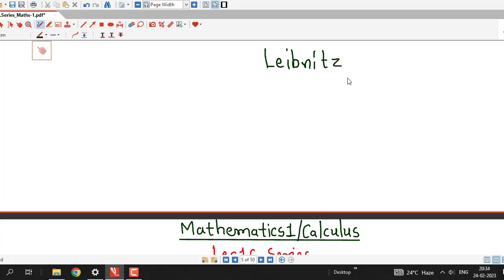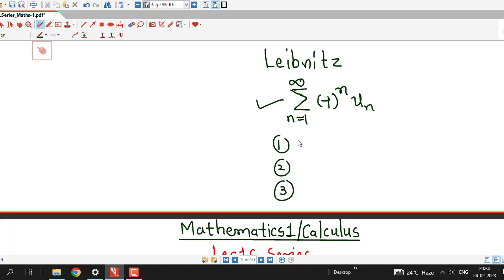And what is Leibniz rule? Suppose we have this type of alternating series, sigma minus 1 raised to n times un, n equal to 1 to infinity. Then this alternating series is convergent if three conditions are satisfied.